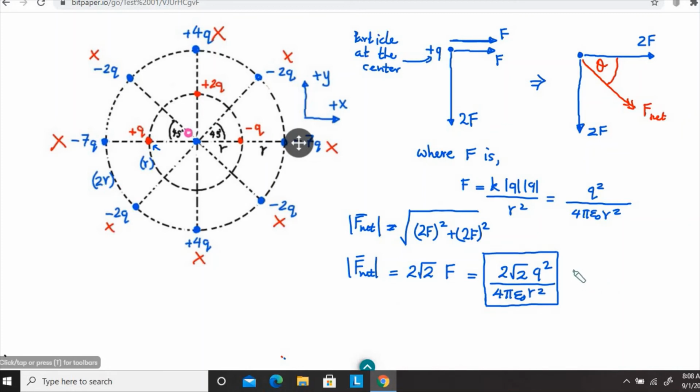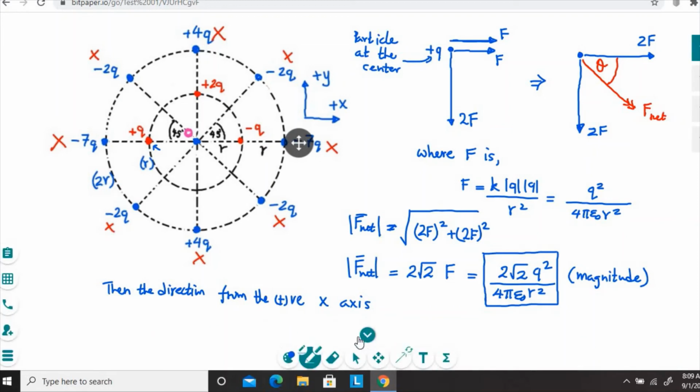Now the direction, so let me write down magnitude. But now let's find out what the direction would be, because we need two things to completely describe a vector: size and direction. Then the direction from the positive x-axis in a counterclockwise direction.